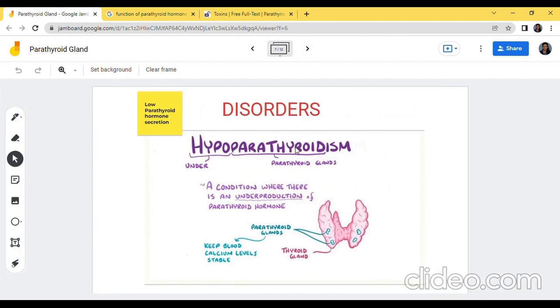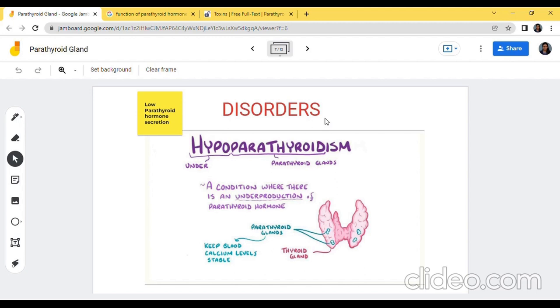Next, we will move on to the disorders that are caused due to improper functioning of this gland. First we will look at the disorder hypoparathyroidism. Hypo means underproduction of parathyroid hormone, that is parathormone.